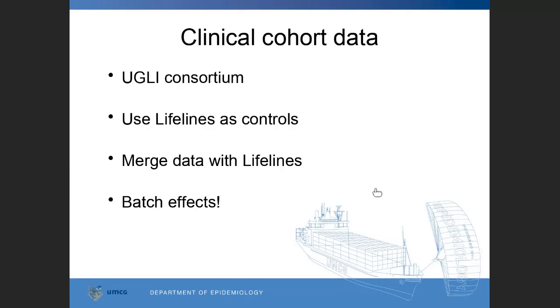Within the UGLI consortium, there are a couple of cohorts that have data on only cases, for instance the Dupuytren's cohort, which was already mentioned by Harold, and also others that have participated in the UGLI consortium with only case data.